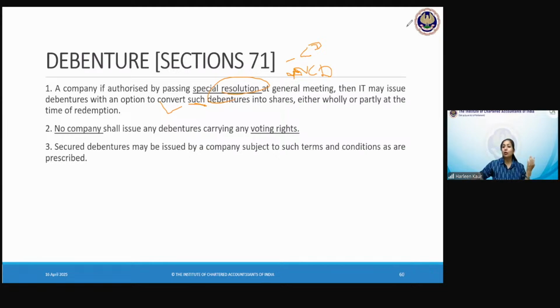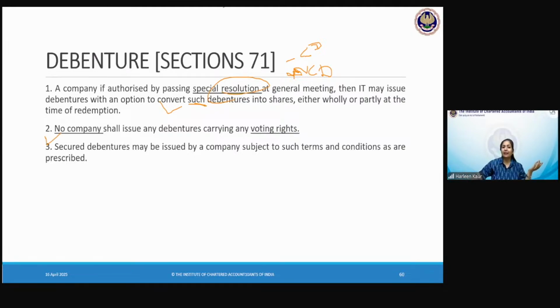You can convert these debentures only if a special resolution has been passed at the time of issue of debentures. We read this same point in section 62, third part, in the study material, where converting the debentures into shares requires a special resolution. The same point is being repeated in section 71, that only if a special resolution has been passed can you issue a convertible debenture.